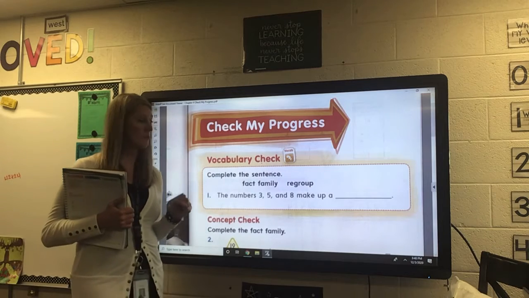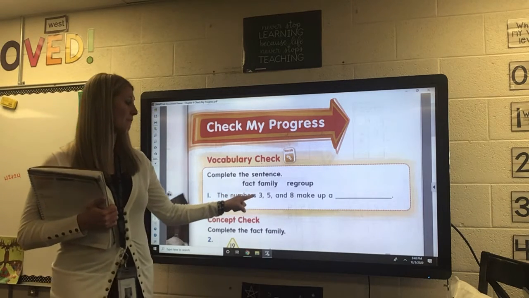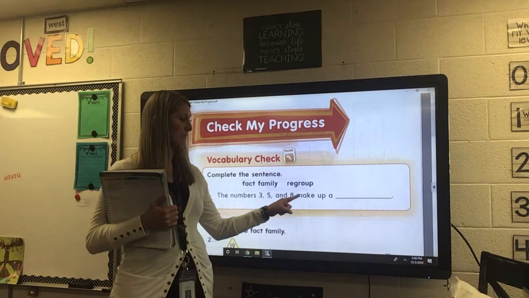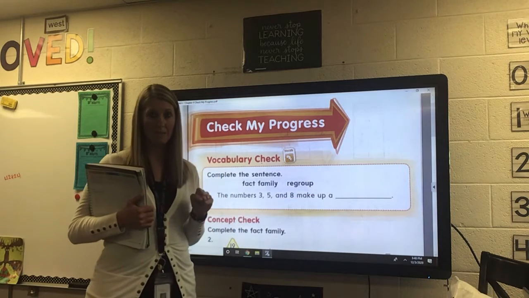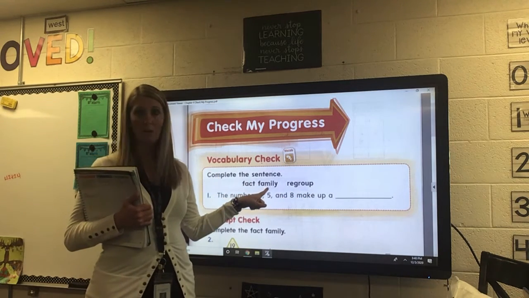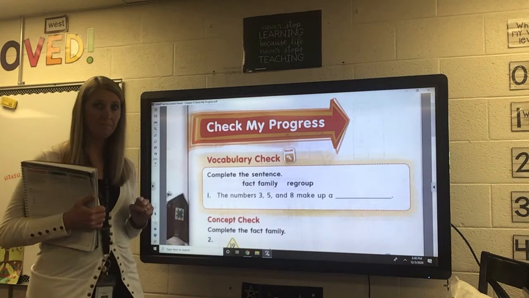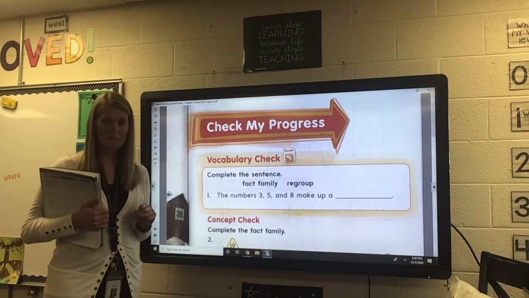Which one makes the most sense? The numbers 3, 5, and 8 make up a fact family. Write that in there, please.